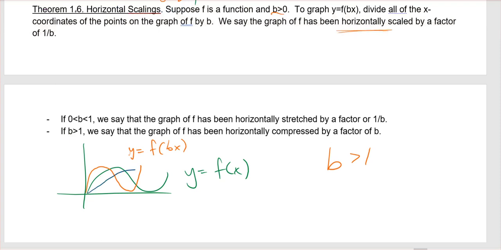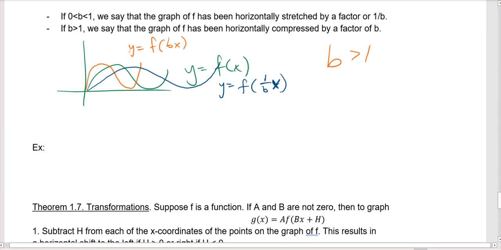So a horizontal scaling of 1 over b would stretch it, right? So if we've got a number that's between 0 and 1 rather, we're going to do the opposite of what we think is going to happen.